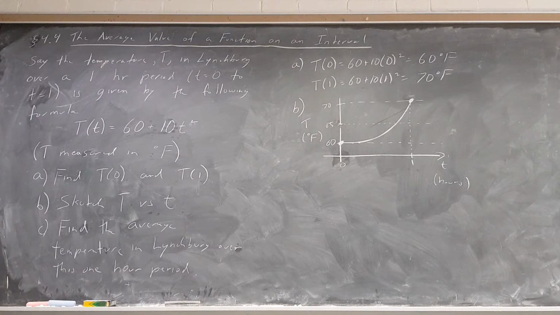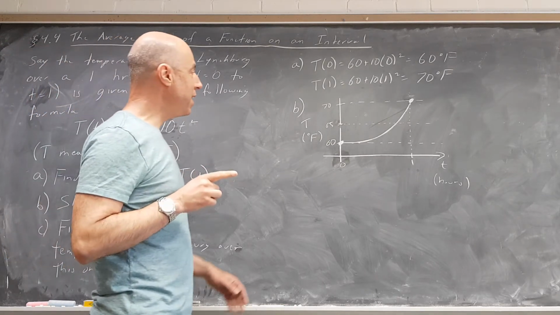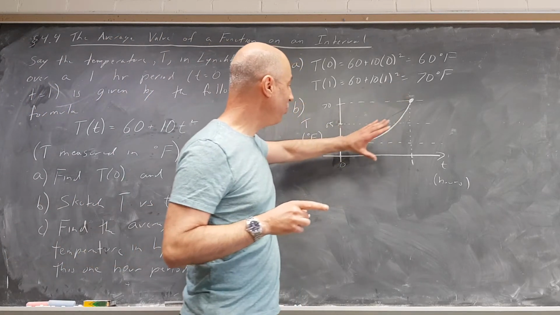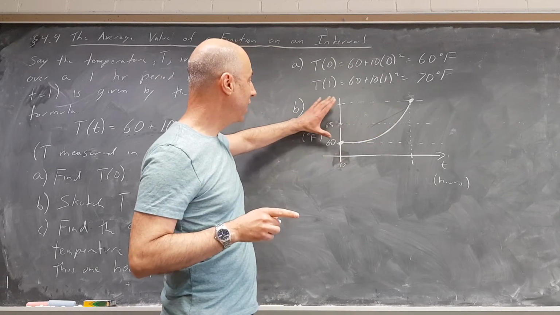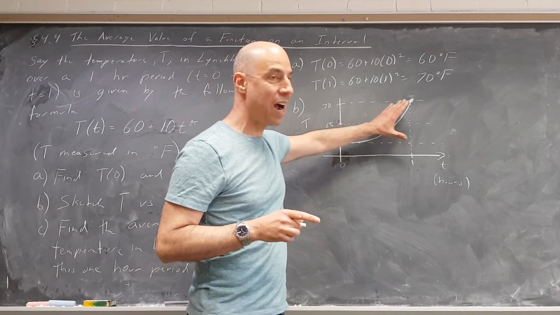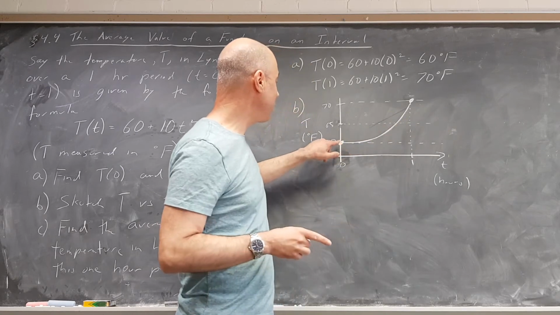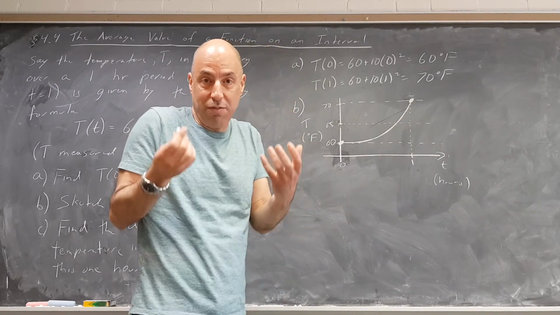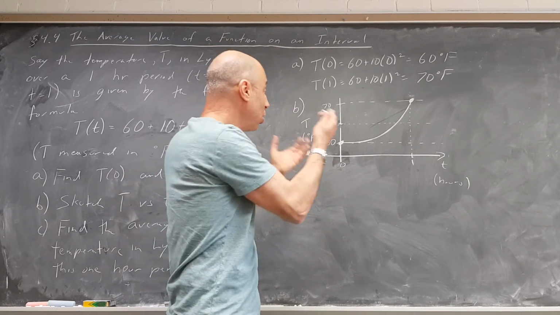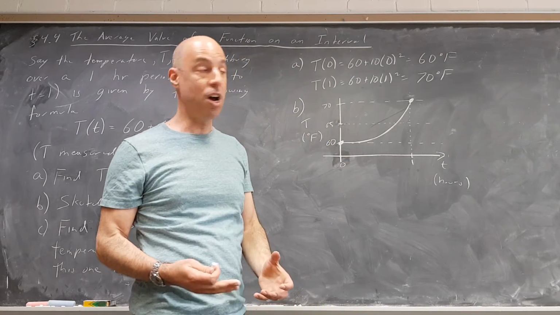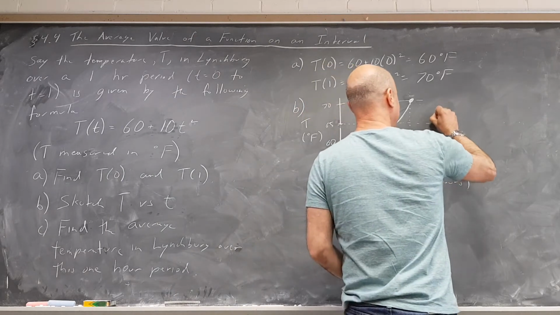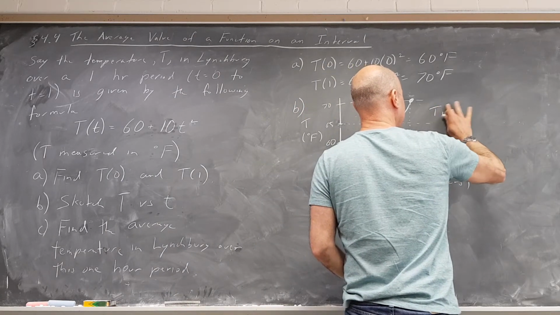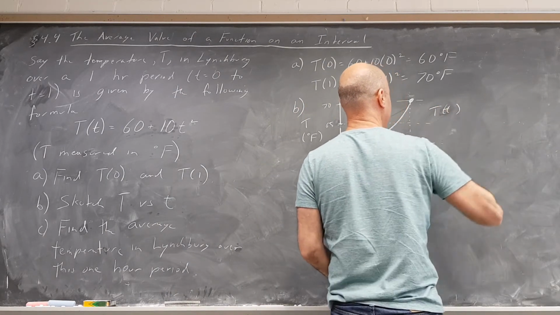So again, I ask you, does it make sense that the average temperature in Lynchburg over this 1 hour period is just the average of the temperature at the beginning and the end? I'm hoping that right away your natural inclination looking at this picture is no. So this is a graph of T of t.